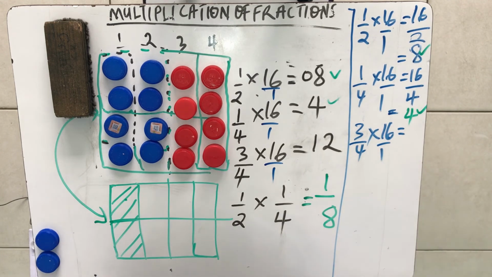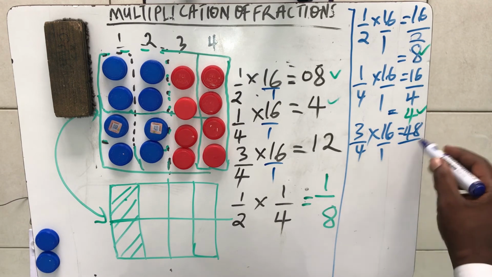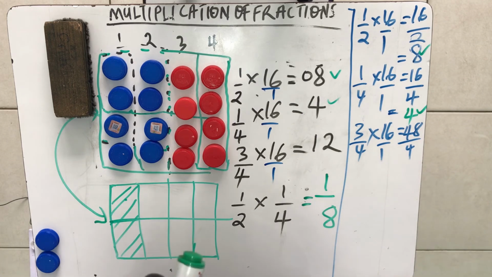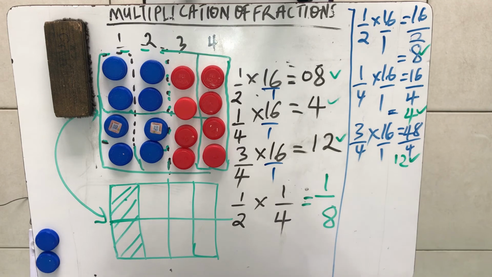Now 3 times 16 is 48. 48 divided by 4 is going to give us 12. So this also tallies with this.